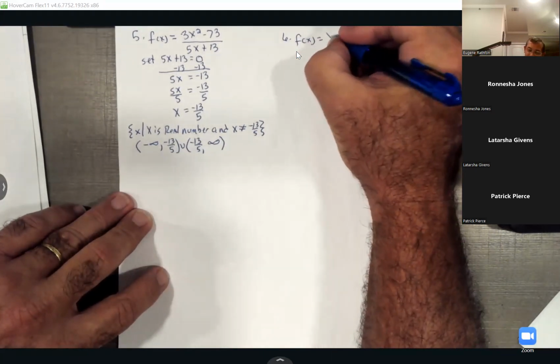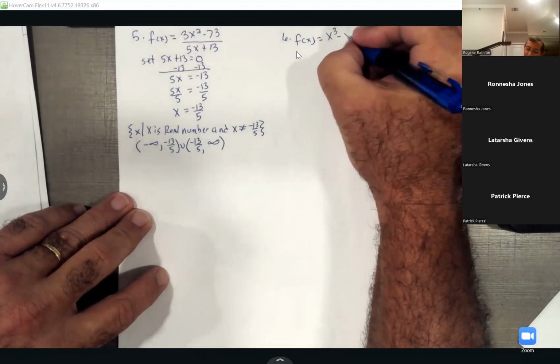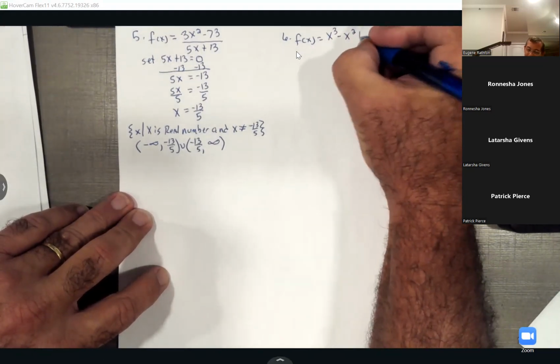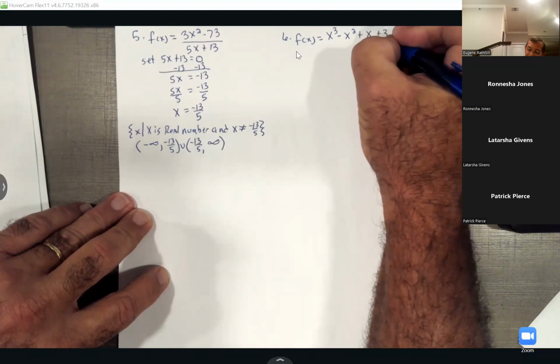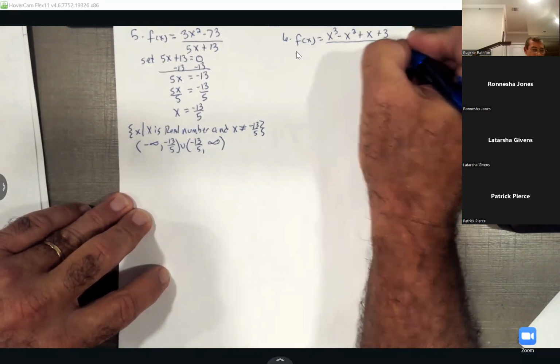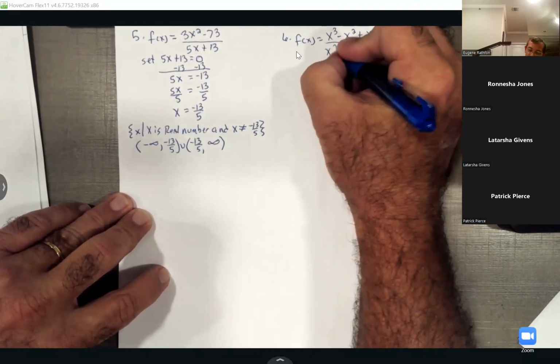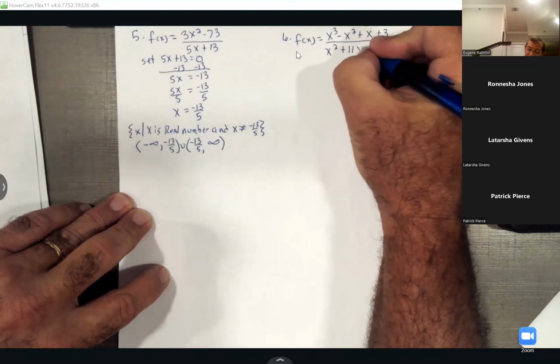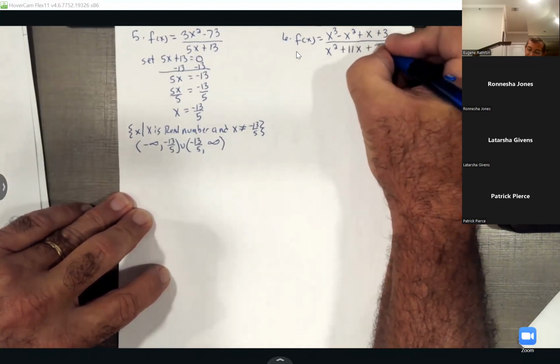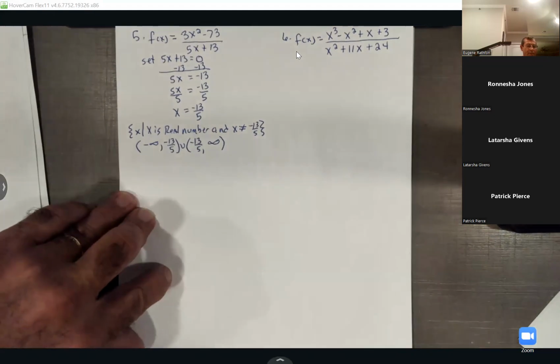Ooh, look at this one. On top is an x to the 3rd minus an x squared plus an x plus a 3. All of that over x squared plus 11x plus 24.